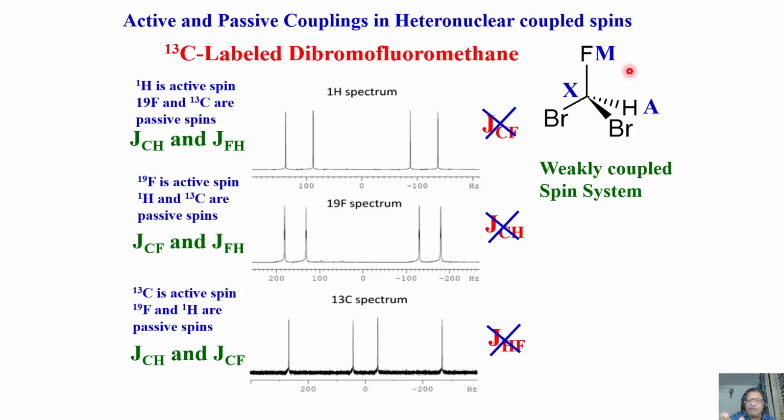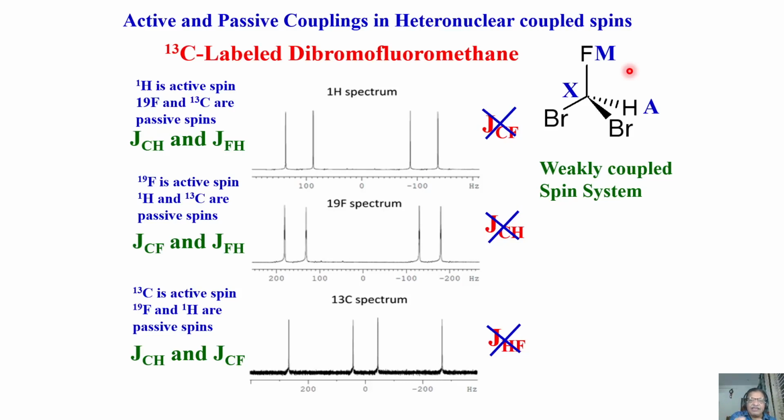Go to the chemical shift of a particular spin or nucleus in a molecule, whether homonuclear or heteronuclear, doesn't matter. When you are observing that spin, that is the active spin. When you are measuring the chemical shift and coupling at that place, analyzing that multiplicity, it is an active spin, and you get at that place coupling between active and passive spins.